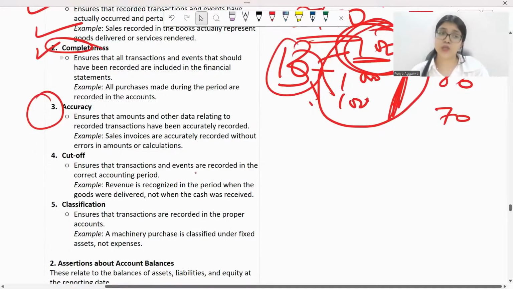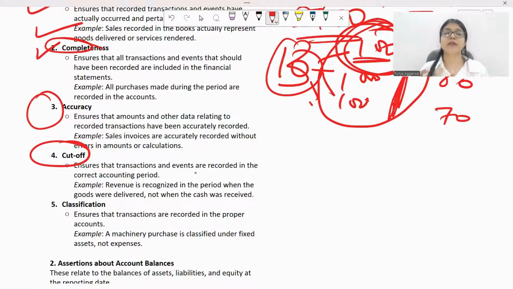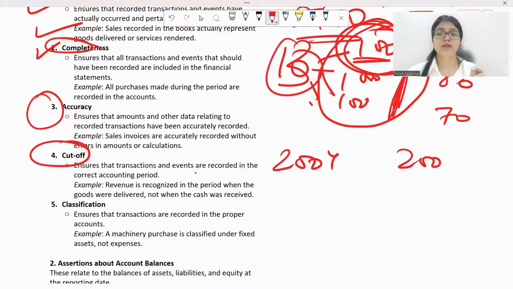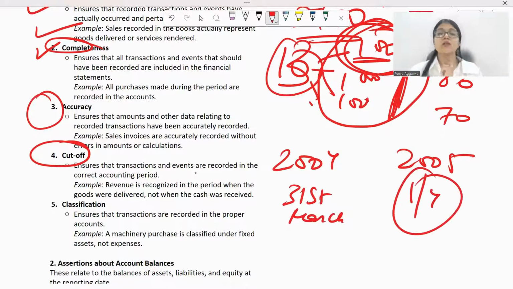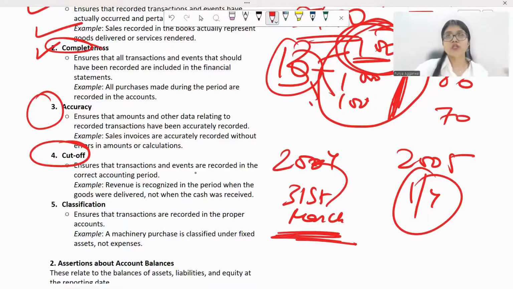Next assertion is cutoff. Cutoff basically means that, for example, let's take an example. There were 2 years, 2004 and 2005. Now, my year end was 31st March, for example, and the year starting would be 1st of April, right? So if some transactions happened on 31st March, they pertain to the first year, right? There can be a situation in the company wherein this amount is not recognized in 2004, rather it has been recognized in 2005.